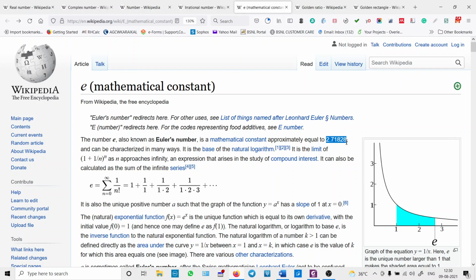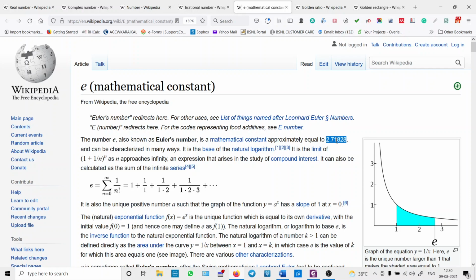Another definition of an irrational number is that its decimal part is non-recurring as well as non-terminating. The decimal expansion will not terminate, it will keep on going, and there won't be any repetition of certain decimal digits. That is also a definition of an irrational number.